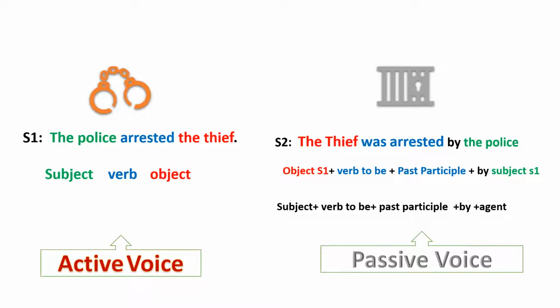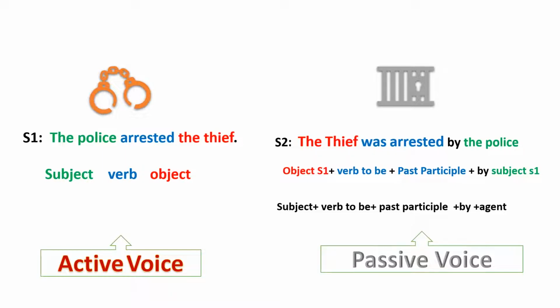So look at the rule. We have subject plus verb to be conjugated in the tense of the first sentence, the active sentence, plus past participle of the verb that we want to change to the passive, plus by plus agent. But remember, by plus agent, we only add it to the sentence if it is important, if it is known, and if it is necessary.